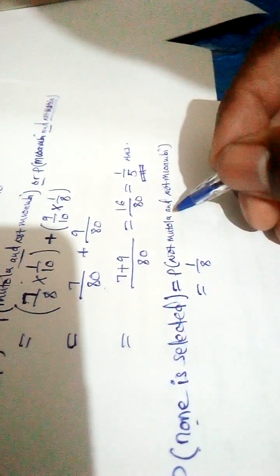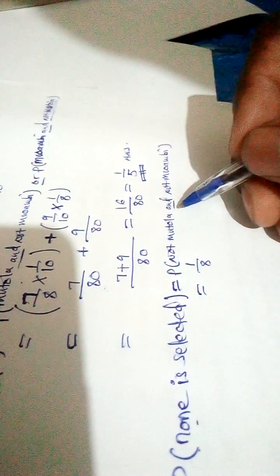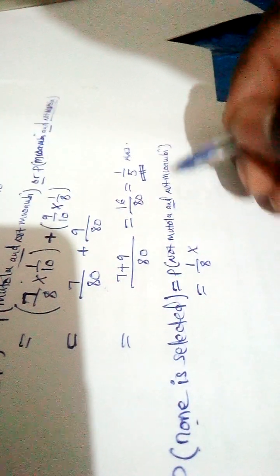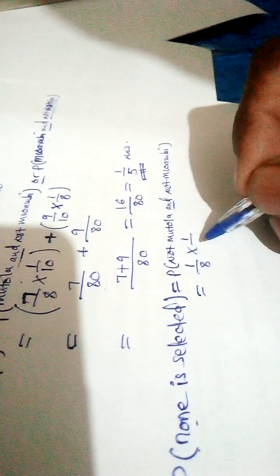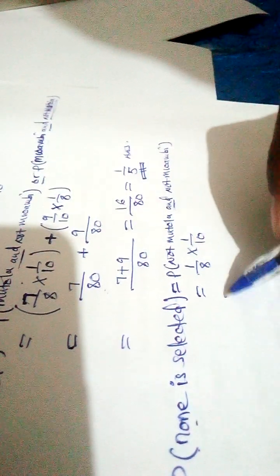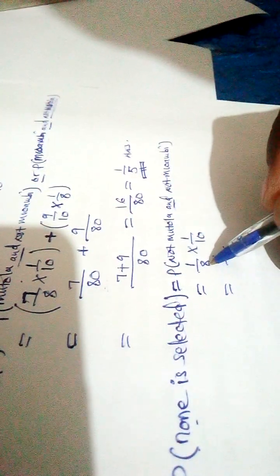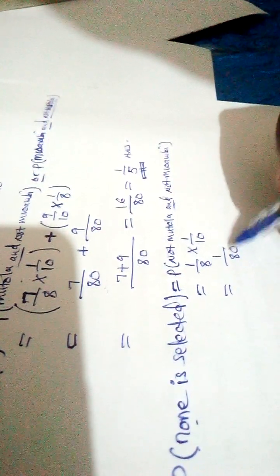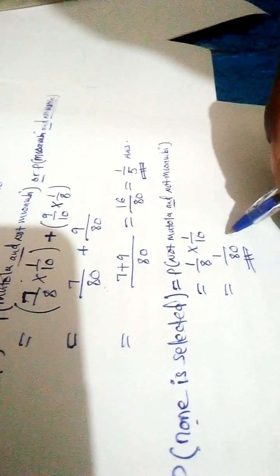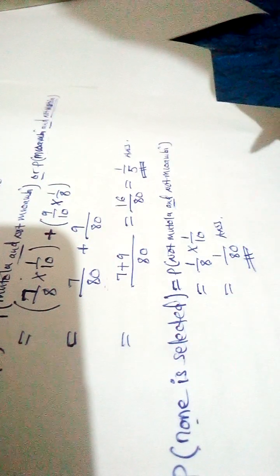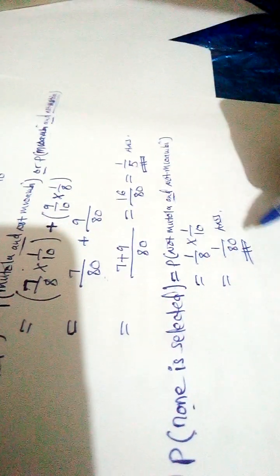The word "and" means times, so we multiply here by not Mwambi, which is 1 over 10. We have 1 times 1, that is 1, over 8 times 10, that is 80. This is the probability of not selecting any one of the two.